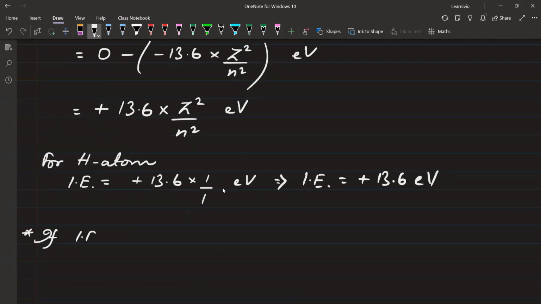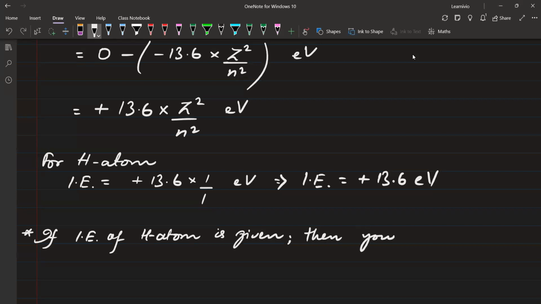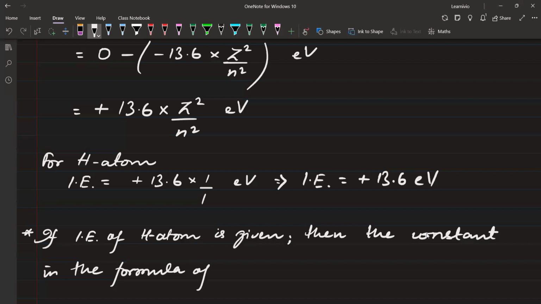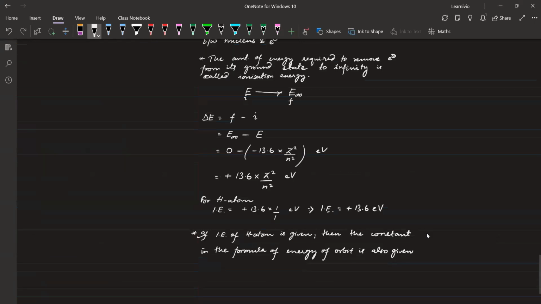If ionization energy of hydrogen atom is given, then the constant in the formula of energy of orbit is also given. ठीक है, चलिए कॉपी कीजिए जरा इसको.